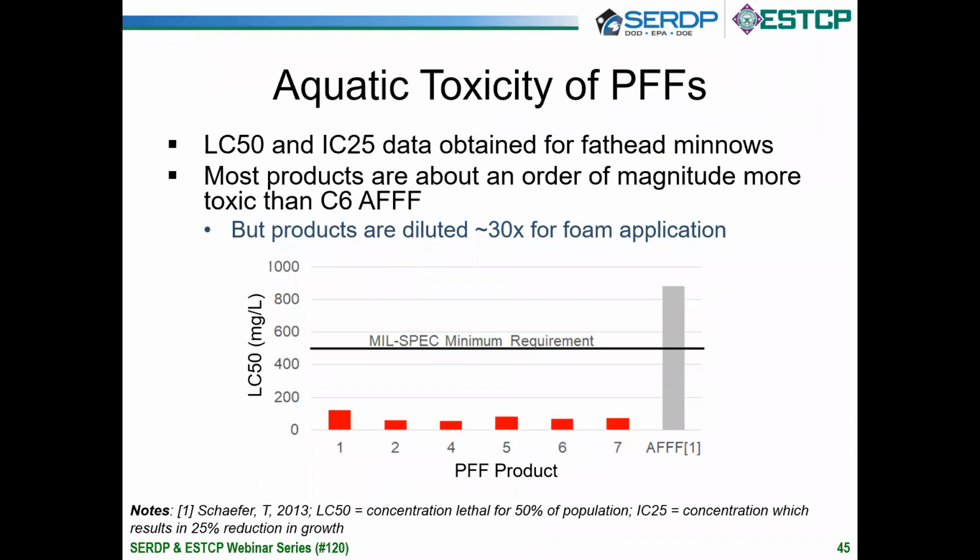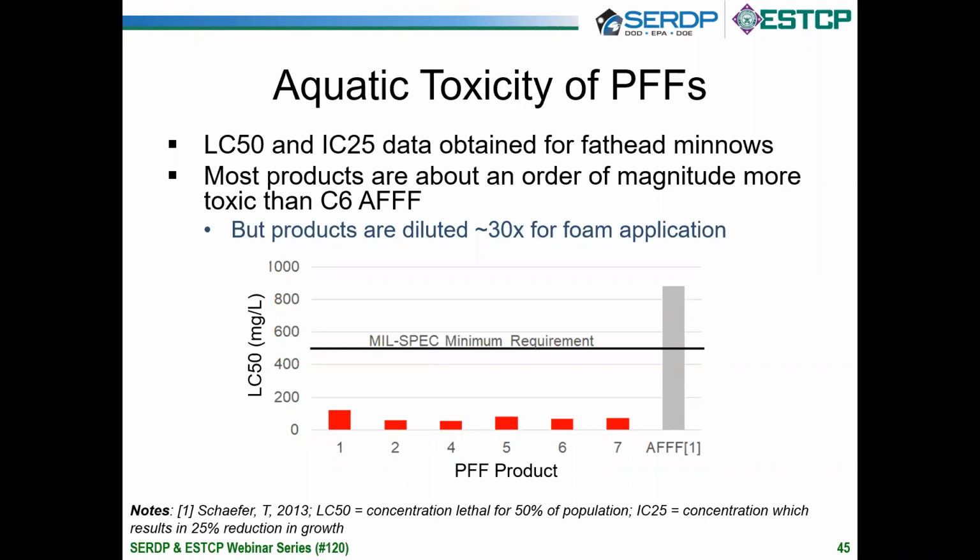So what are the results so far? When you look at aquatic toxicity, we're looking at 2 values. The LC50 is that concentration at which 50% of the population of fish dies. That's acute toxicity. And IC25, which is the concentration that results in 25% reduction in growth of the species, and that's the chronic toxicity. So we're measuring both.